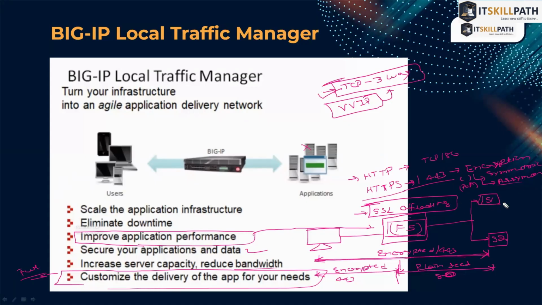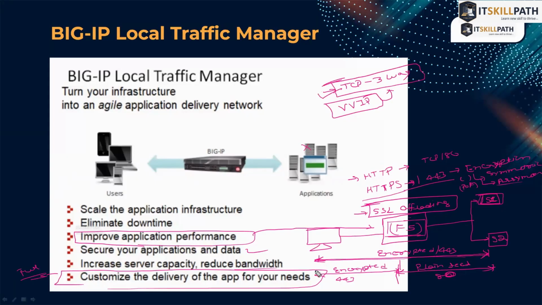Suppose lakhs of users are trying to access the same website and the same server at the same time. For all the users it generates a separate key, because every browser needs a separate key to initiate the connection. That could decrease the performance of the application if we are doing the encryption and decryption on the server. What we can do now is introduce the F5 and do the SSL offloading.